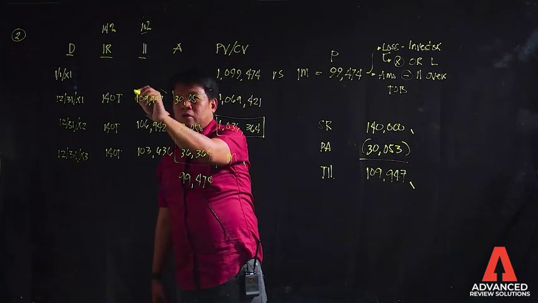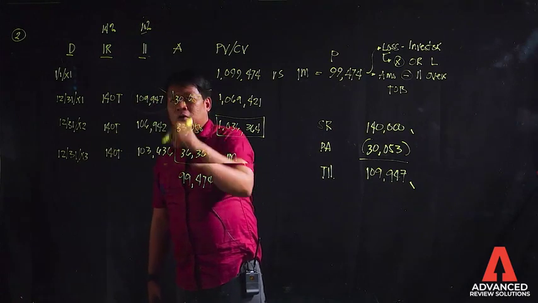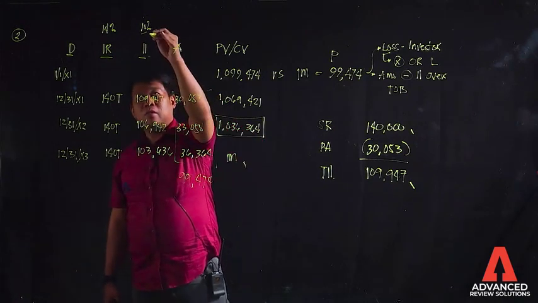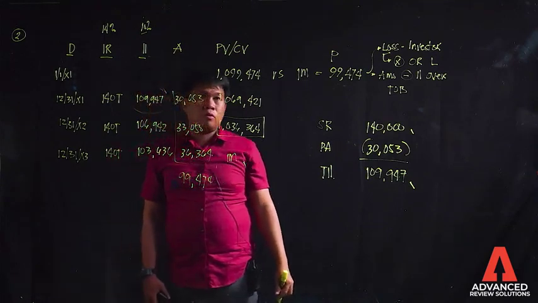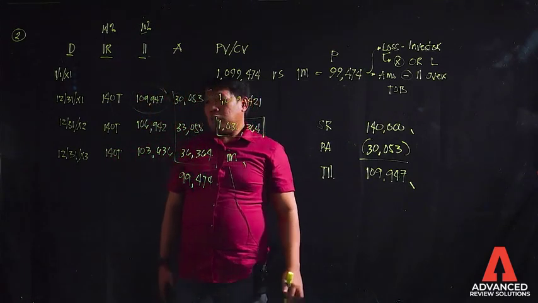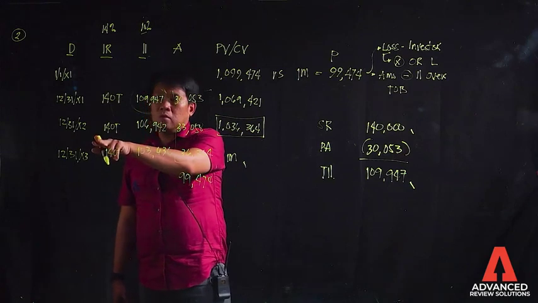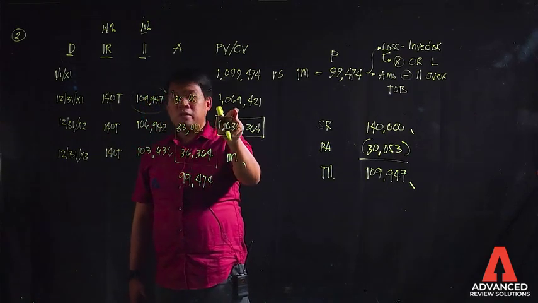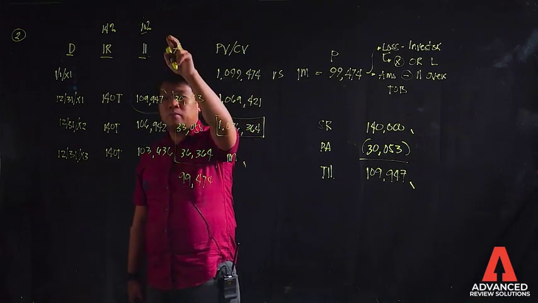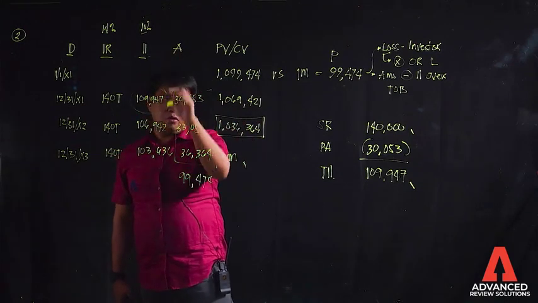Kuha mo din naman ito. And that is the reason why the effective rate is the true or actual interest income that the bondholder earns. So in 20x2, what is the interest income? You just need the carrying value in December 31, 20x1 times 10%. Kuha mo din ito. Ganun din.